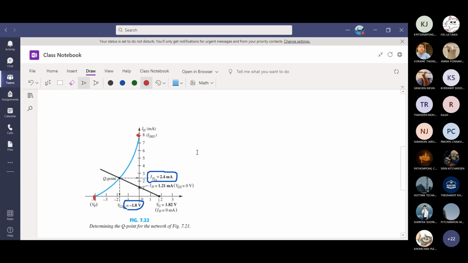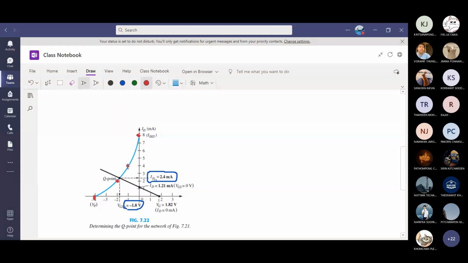What else? VGS is half of VP, means negative 2 volt. It is 1/4 of 8, means 2 milliamp and negative 2 volts. You want to draw another curve? ID equals IDSS over 2, so at 4 milliamp, it is 0.3 times VP. 0.3 times minus 4 is negative 1.2, around here.